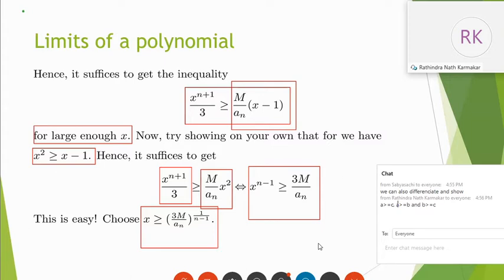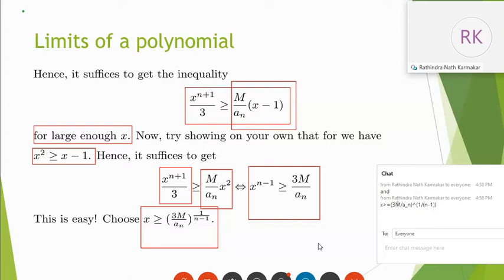So what I'm saying is x greater than or equal to 2, x greater than or equal to 6 mod b minus 6b, and x greater than or equal to (3m by n) power 1 by (n minus 1). So for these assumptions, the inequalities that we wanted to prove will hold.